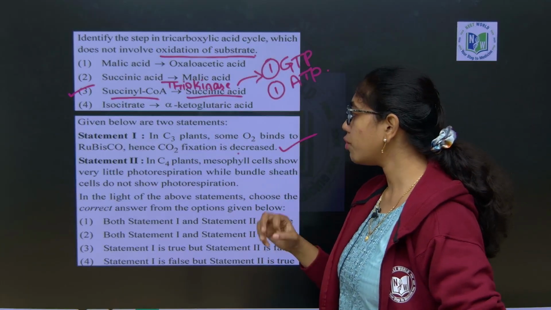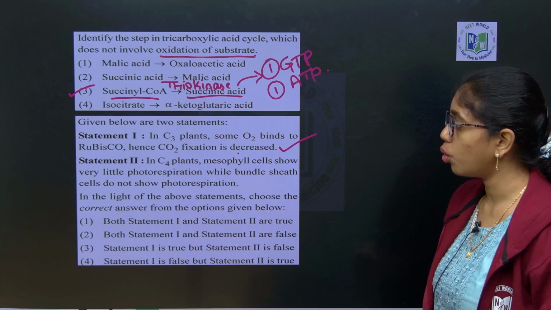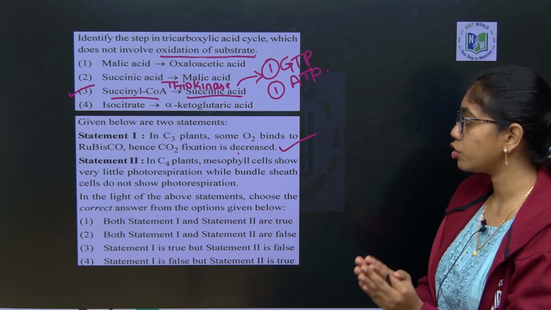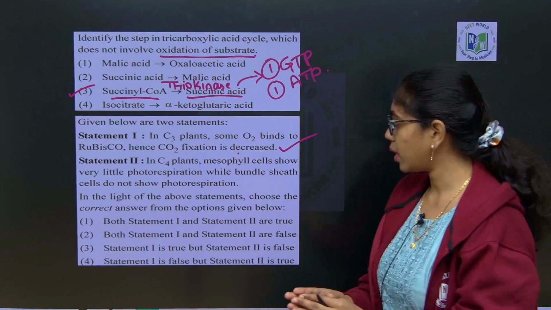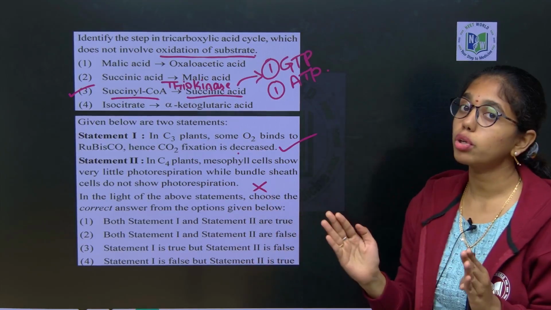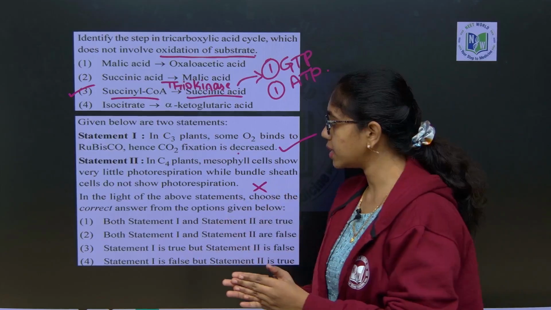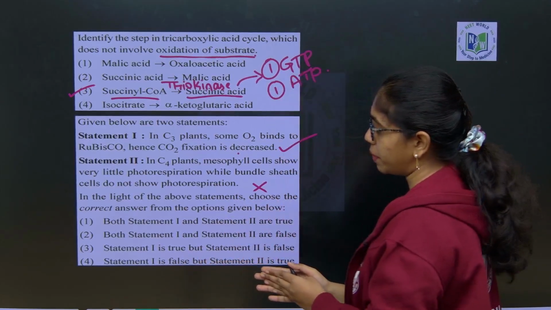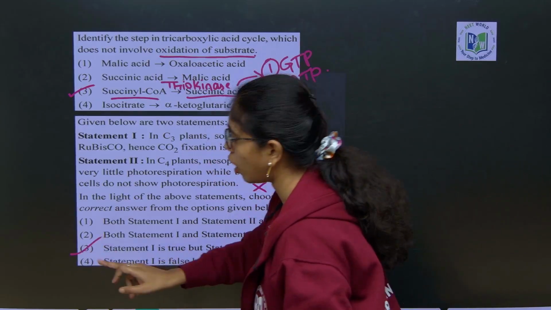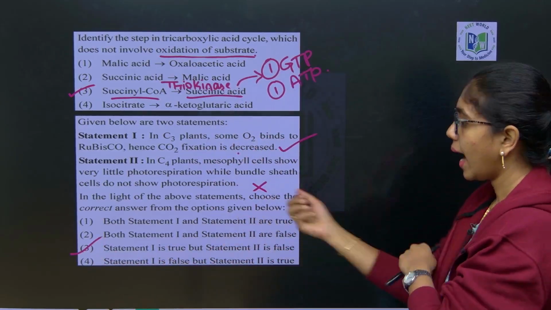Next, in C4 plants, mesophyll cells show very little photorespiration while bundle sheath cells do not show photorespiration. Wrong. In C4 plants there is no photorespiration at all. Okay, in C4 plants there is no photorespiration at all. So, here statement 1 is true and 2 is false. Option 3 is the correct answer.